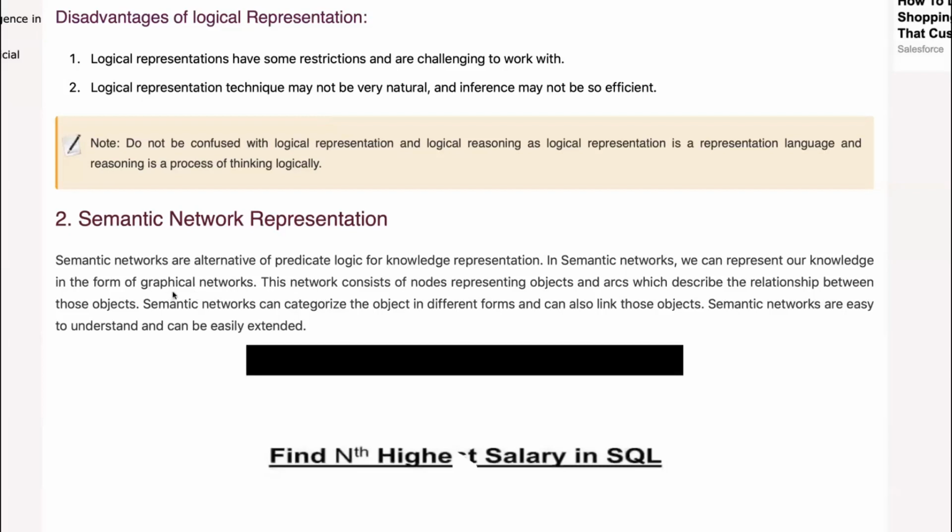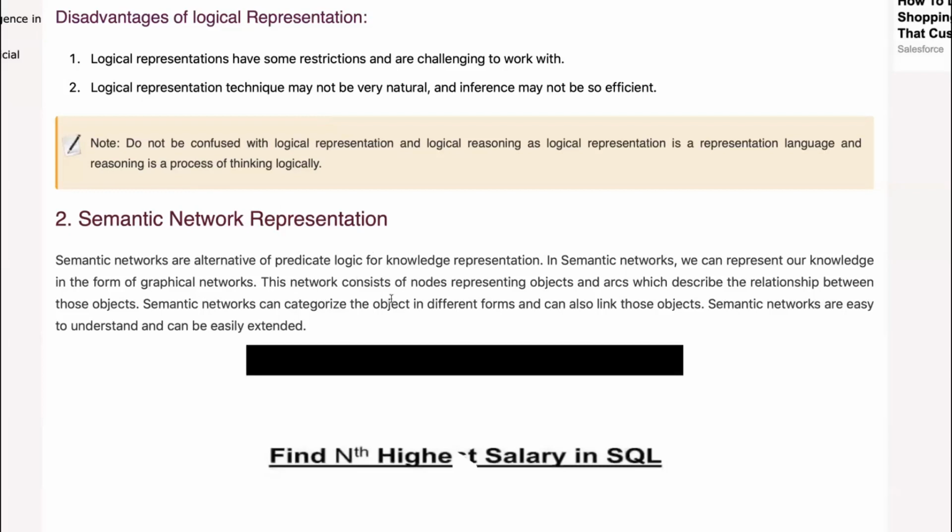Yes, we use data structures such as the graph to represent knowledge using this technique, but the knowledge representation itself is not a data structure. We will discuss the reason behind it later.